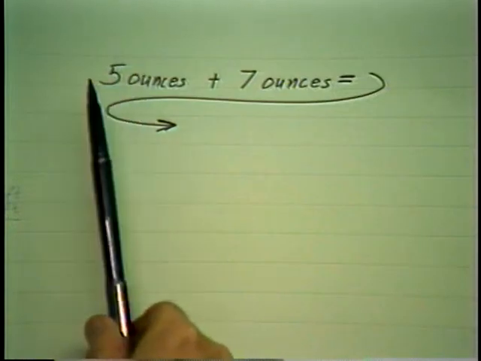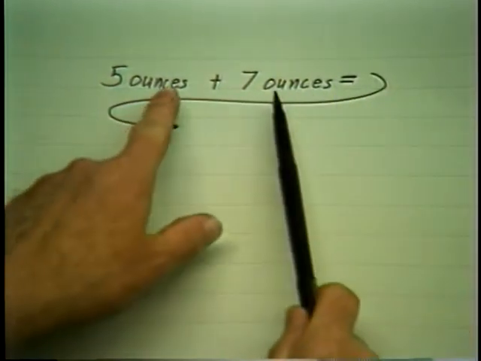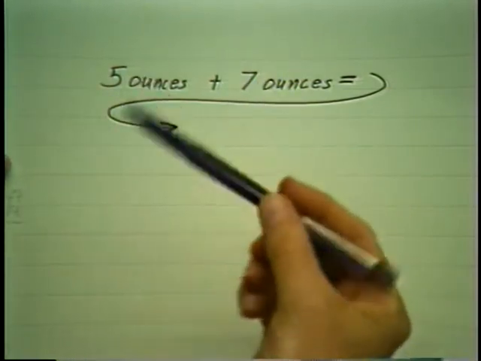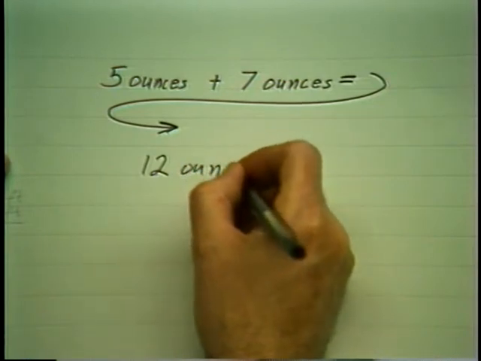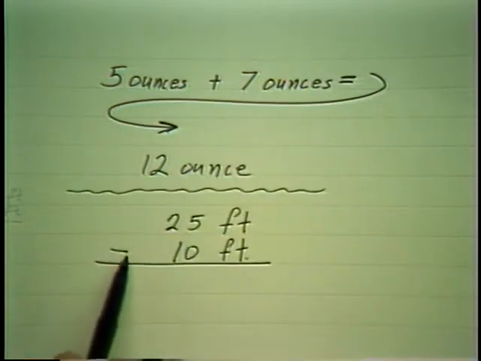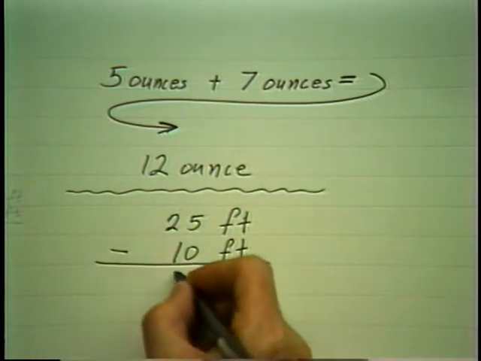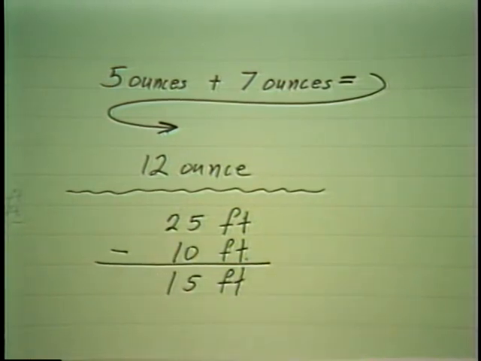For example, if I add 5 ounces to 7 ounces, since they are like measurements, I simply add their number values and append the measurement. Same thing with subtracting. If I'm subtracting like measurements, I simply subtract their number parts and append the measurement.